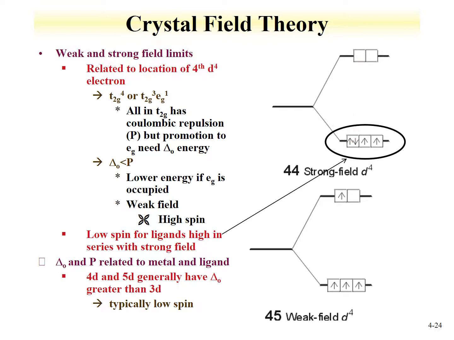It's got to form a pair with the T2g. That means it forms an anti-parallel pair, and there are two unpaired electrons. So this is a low spin situation. So we can describe this splitting as either strong field or weak field, or low spin and high spin.